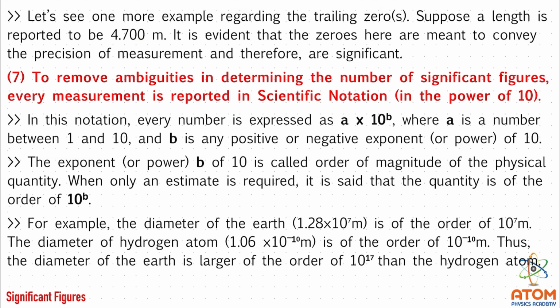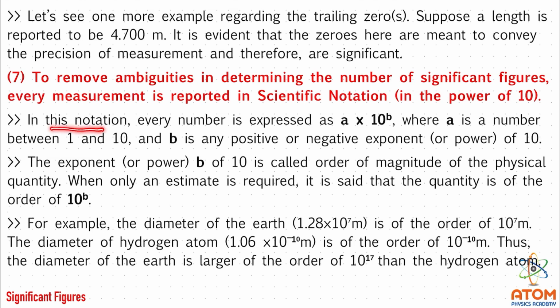Now, the seventh rule. To remove ambiguities in determining the number of significant figures, every measurement is reported in scientific notation, meaning in powers of 10. Let us understand this. Remember, in physics we write all measurements in scientific notation to remove all these ambiguities. How? Let's see.